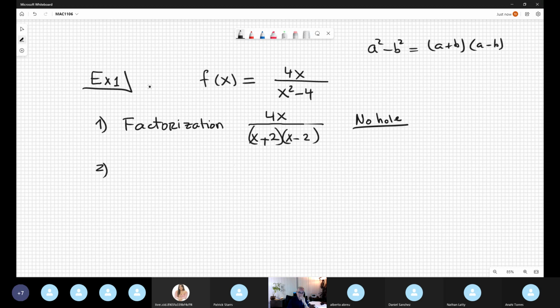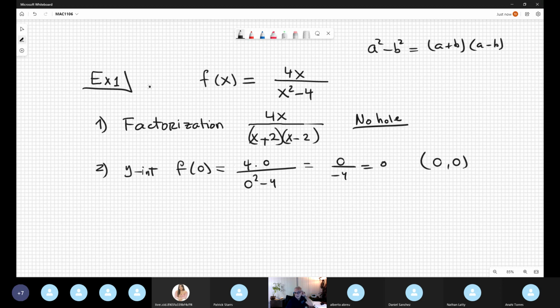What is number 2? Well, number 2 is find the y-intercept and x-intercept. It's easy. Evaluate the function at 0. Replace x with 0: 4 times 0 divided by 0 squared minus 4. 4 times 0 is 0, and 0 squared is 0, minus 4 is minus 4, but 0 divided by negative 4 is 0. Therefore, the point is (0, 0).